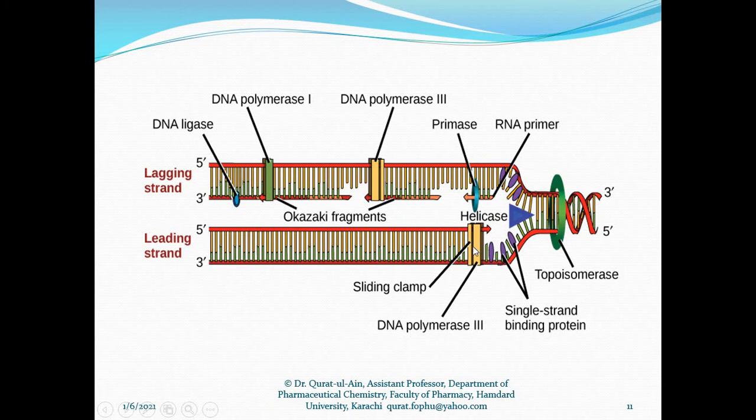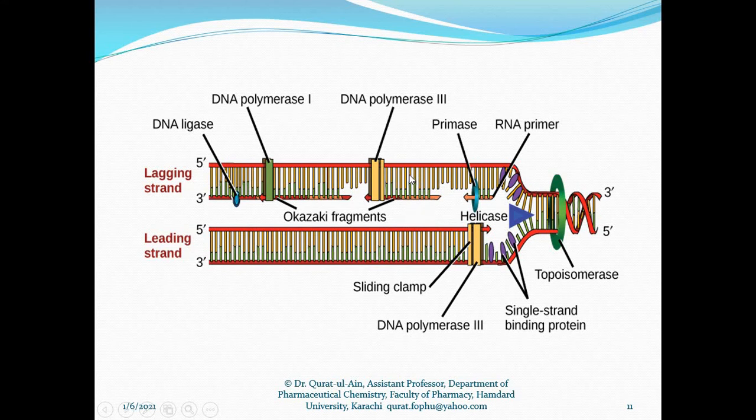However, what is the problem? DNA polymerase suffers a problem when it has to synthesize DNA on the lagging strand, because the lagging strand is in the 5 to 3 prime direction, and DNA polymerase cannot run on this strand from 3 to 5.